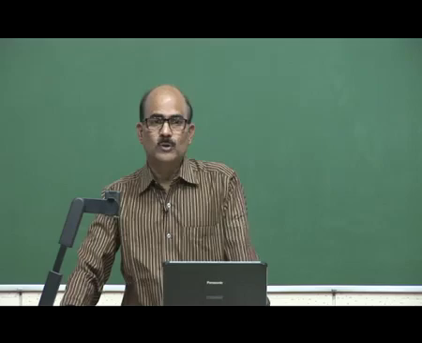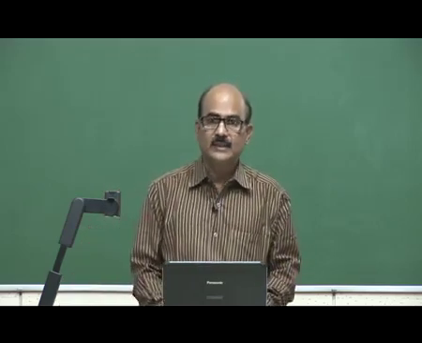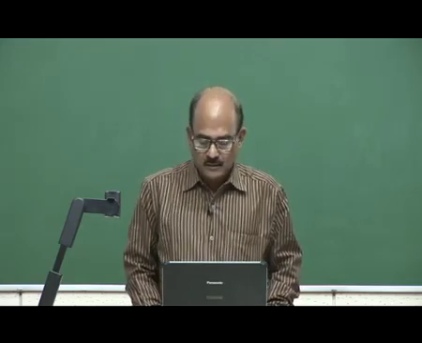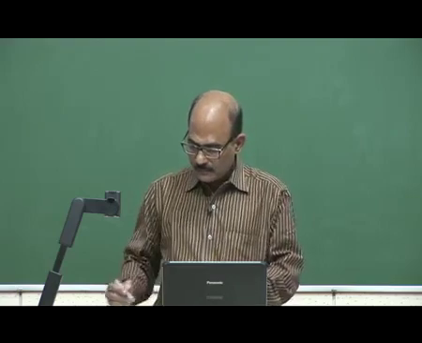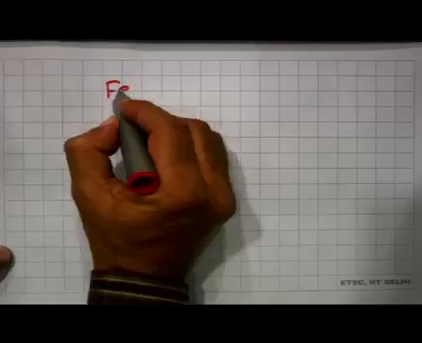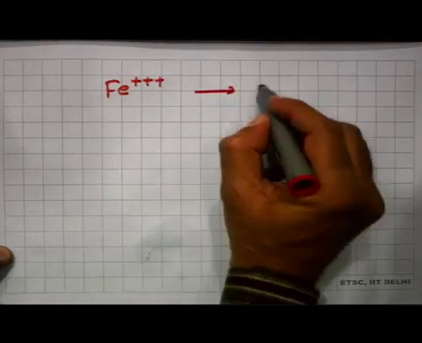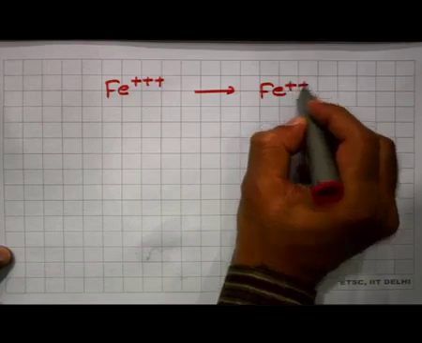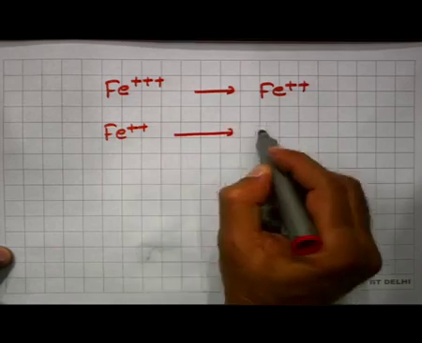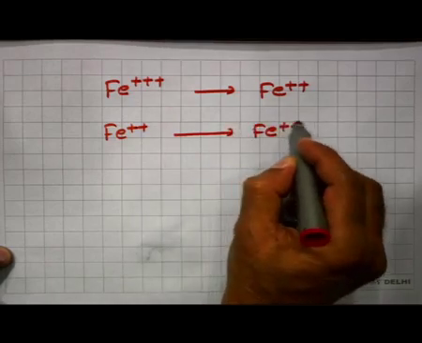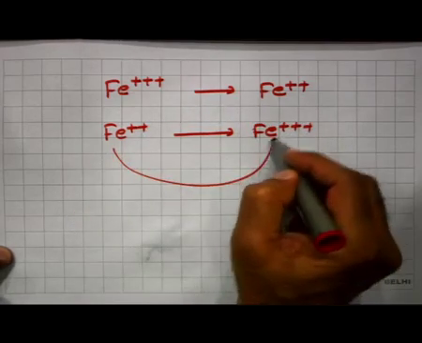The electron transport chain is a chain of electron carriers made of iron compounds, which convert from ferric to ferrous, and from the ferrous ion back to the ferric ion, when the electron is transferred from one step to another.